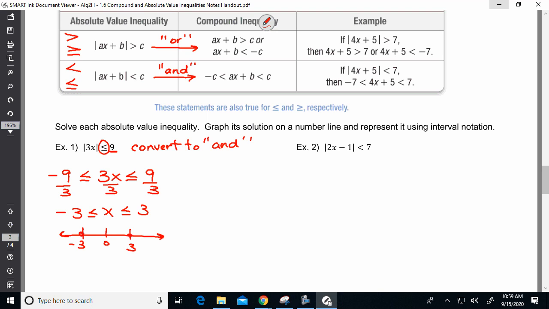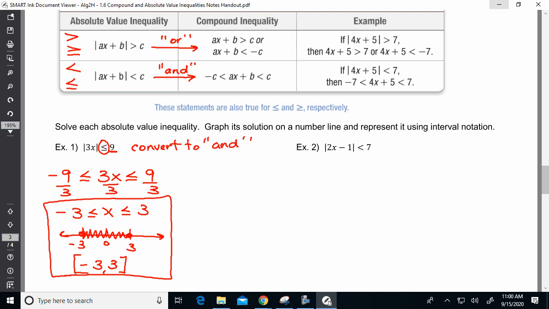So 2 closed circles. Shade in between. And your interval notation, negative 3 to 3, 2 brackets. That's everything associated with that problem.